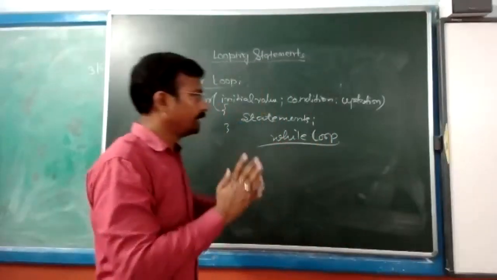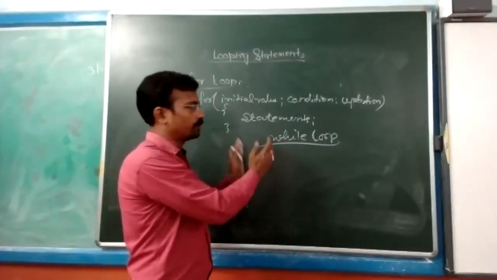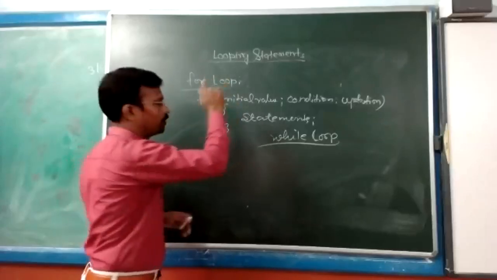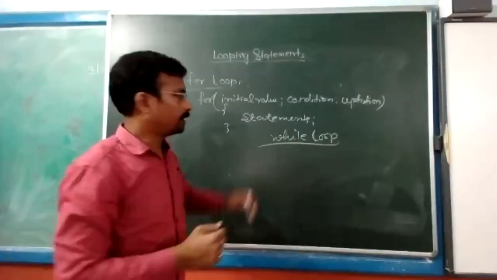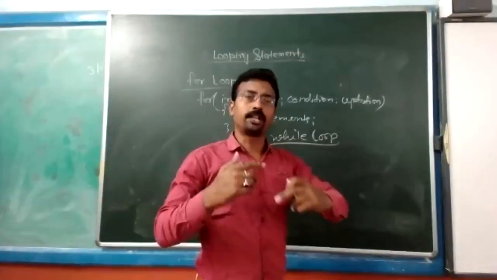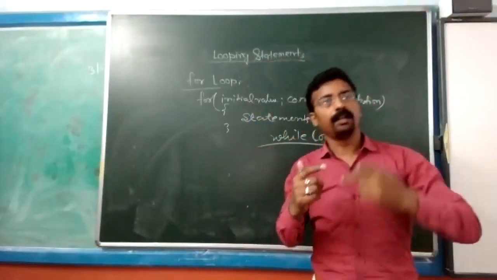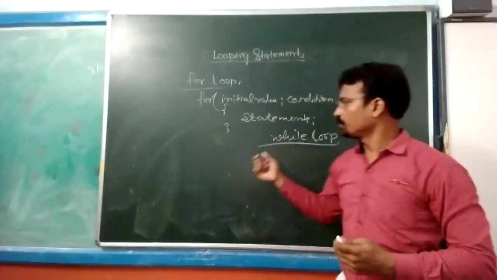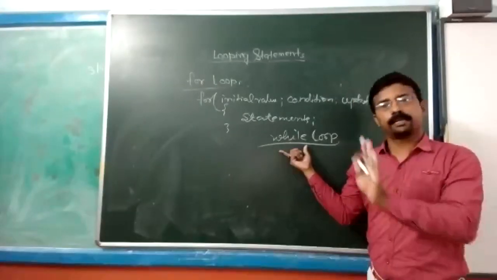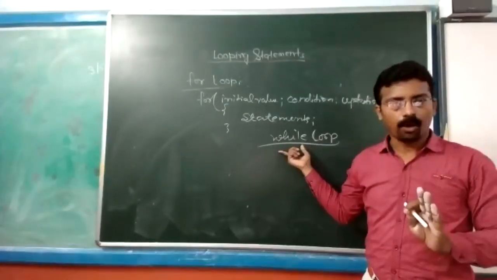If you have an idea that my program will execute this many times, it is better to use a for loop. But if you have no idea how many times our program will be executing, you should use a while loop. Normally this is the difference we consider.